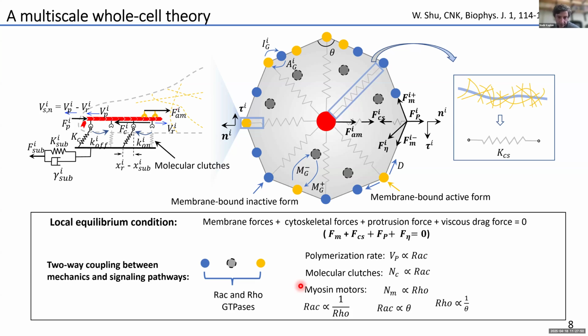But also here, as I said before, we had to take some phenomenological feedback from the mechanics of the cell to the chemistry. And in that, what we did was, when a cell protrusion grows, let's say the angle is not labeled here, but suppose that there's an angle theta, which is taken to be proportional to Rac.